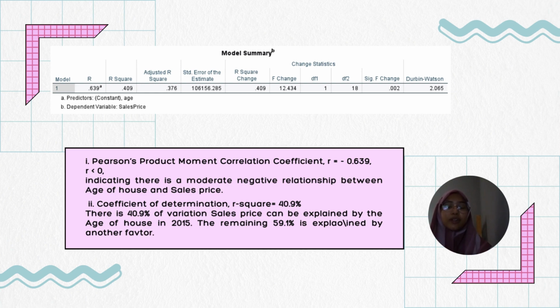For coefficient of determination, R square is 40.9% and the comment will be 40.9% of variation number of sale price can be explained by the variation of age of house in 2015. The remaining 59.1% is explained by another factor.